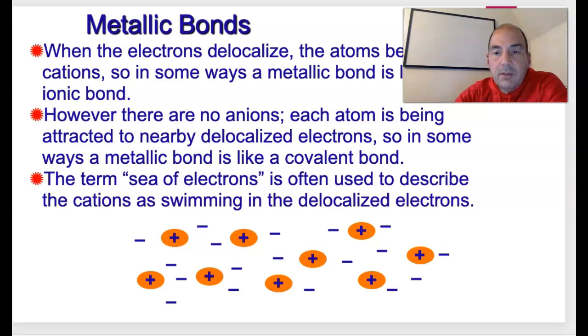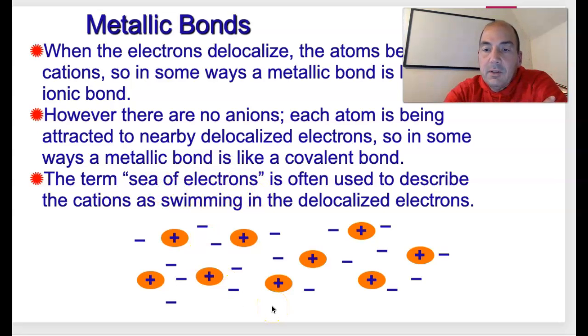When these electrons delocalize, the atoms become cations. So this positive would represent, let's say, an aluminum atom without 3 of its valence electrons that just left and are going wandering. The difference, though, here is that we don't have anions. We have cations, and then we have electrons. But you see the electrons just kind of all around, and the cations are swimming in that sea of electrons.